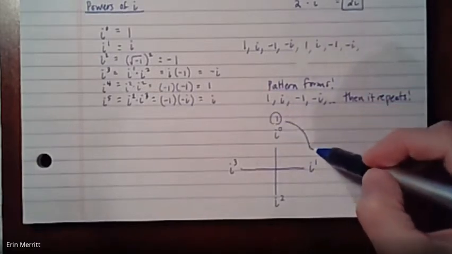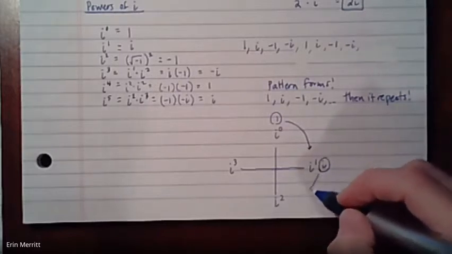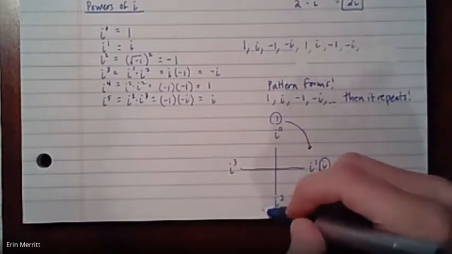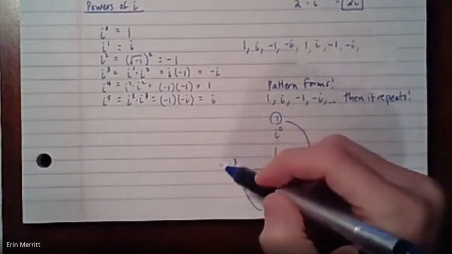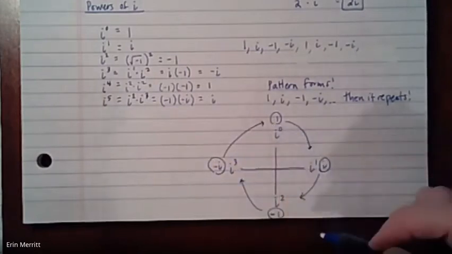If you then go down to i to the first, that was i. If we go down here, i to the second was -1. i to the third was -i. And then the pattern comes back up to repeat.